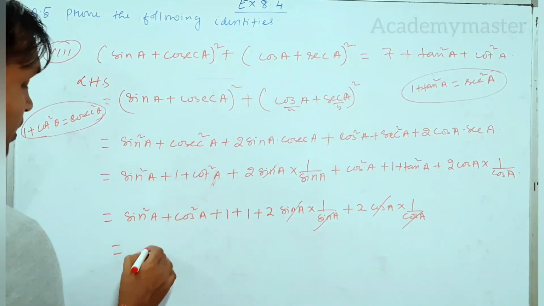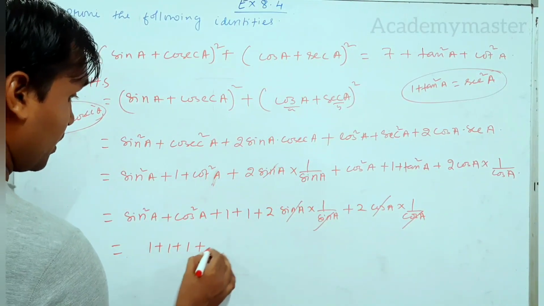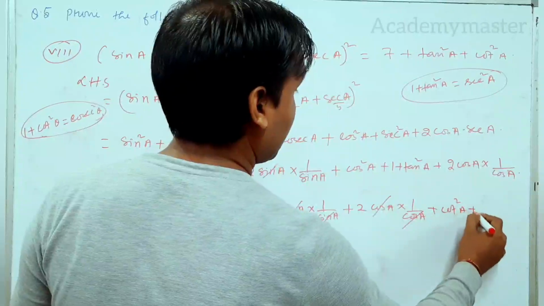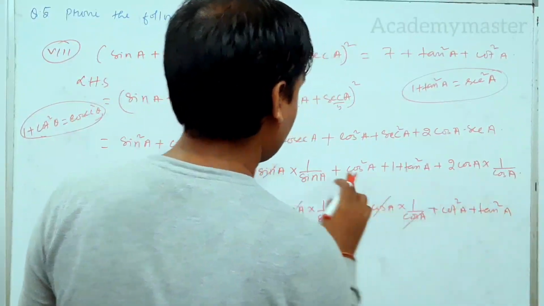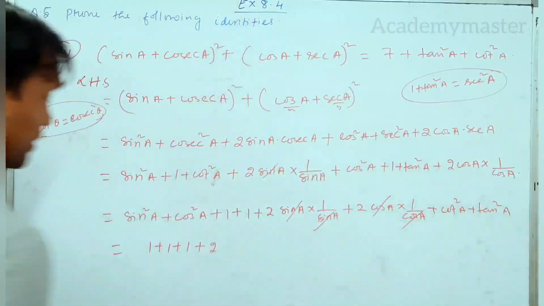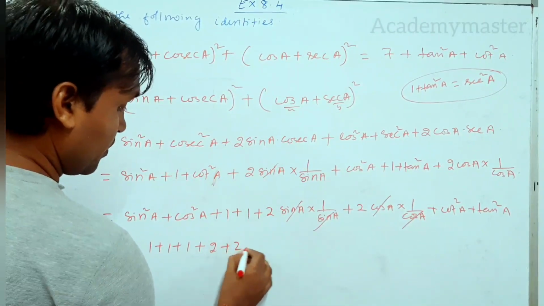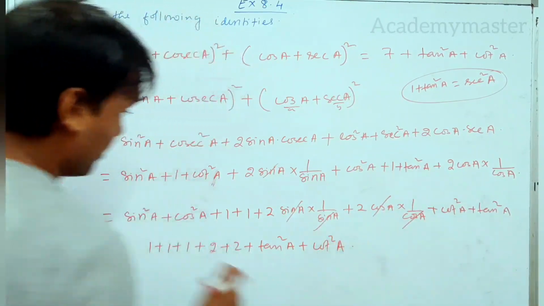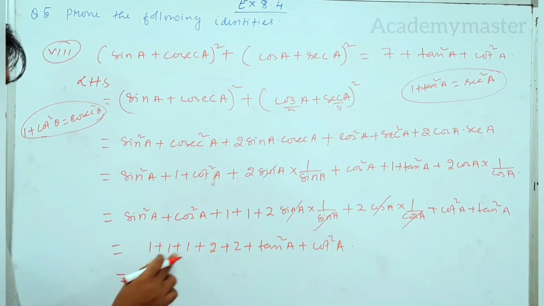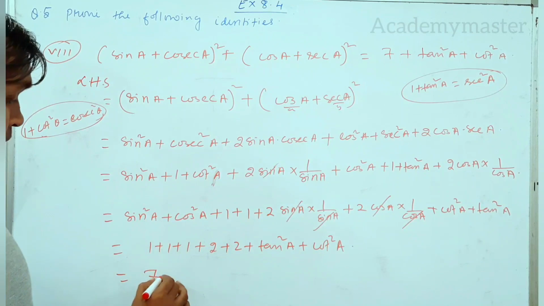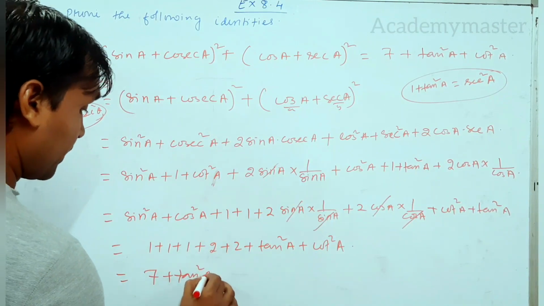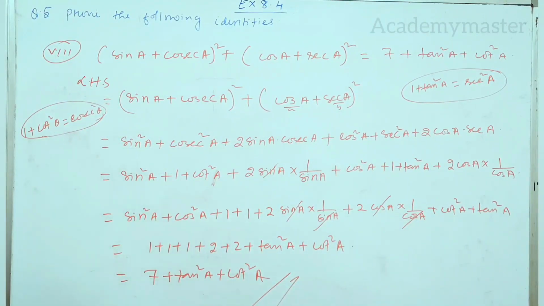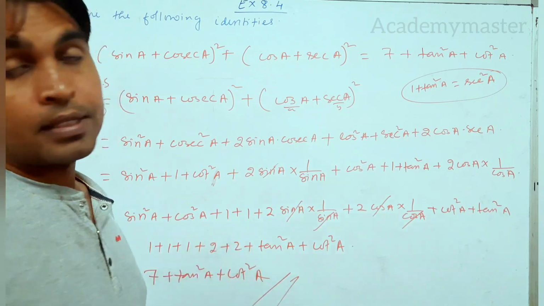So sin square A plus cos square A gives 1 plus 1, and 2 plus 2. One thing I left out, that is cot square A plus tan square A, which we have written here. So 2 plus 2 plus 2 is 6, plus 1 plus 1 gives 7 plus tan square A plus cot square A. Dear students, here we have proved LHS equals RHS, hence proved.